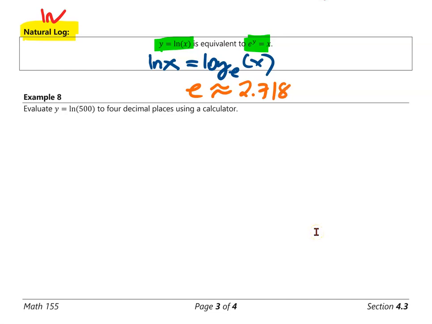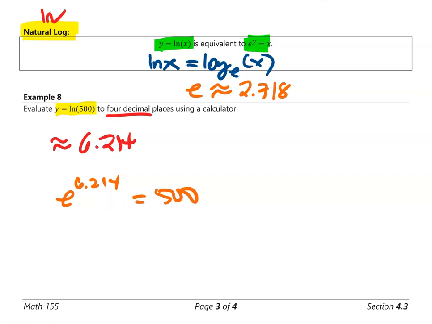Let's try this example. Evaluate y equals ln of 500 to 4 decimal places using a calculator, and you'll get an answer approximately equal to 6.214. That is because e raised to 6.214 is equal to 500.